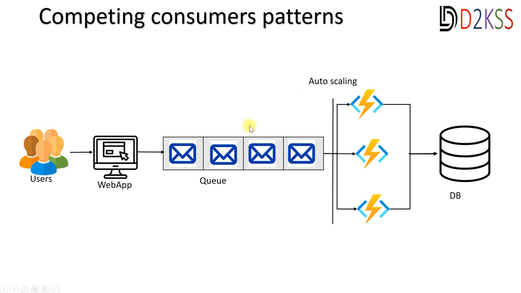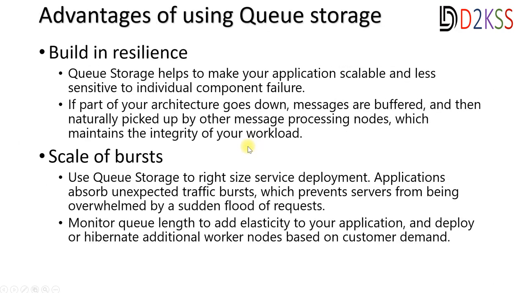They are decoupled. And the second advantage is built-in resilience. Queue storage helps to make your application scalable and less sensitive to individual component failure. As we discussed earlier, the web application is just inserting the data into the queue, and the Azure function is reading the message from the queue and inserting into the database.